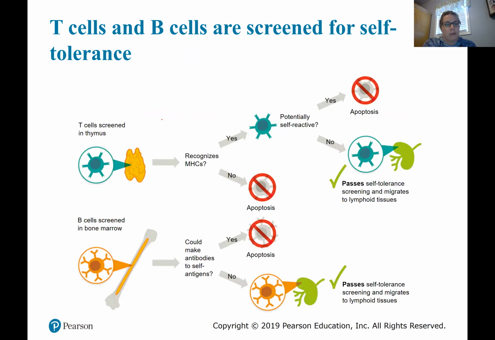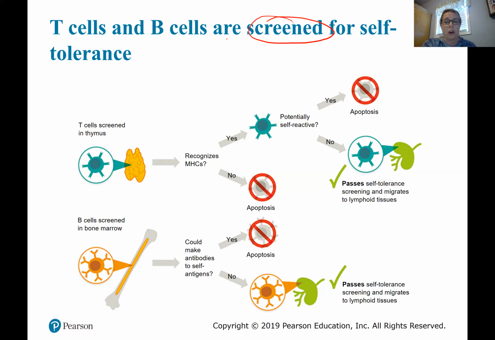Okay, I'm not going to have you guys memorize this process or look into this process, but T and B cells are screened for self-tolerance. Basically, if you've ever heard of an autoimmune disease or an autoimmune disorder, what happens is the immune system doesn't recognize normal healthy cells as normal healthy cells. The immune system thinks that it's a threat, and your immune system starts attacking your normal cells.